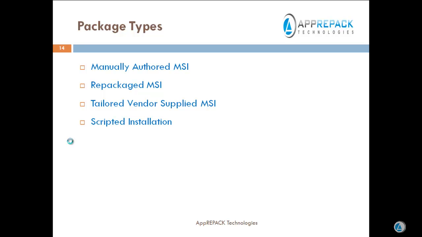That means the vendors or the manufacturers of the application sometimes release the applications in the form of MSI. That is called a manually authored MSI, also called vendor MSI or vendor supplied MSI. The developers know how to create the application in the form of an MSI. They know what files are to be installed into which location, from where they have to get those files, all that.